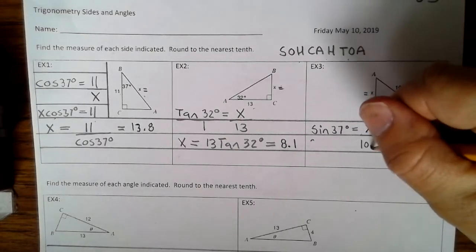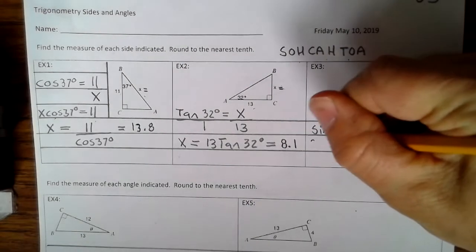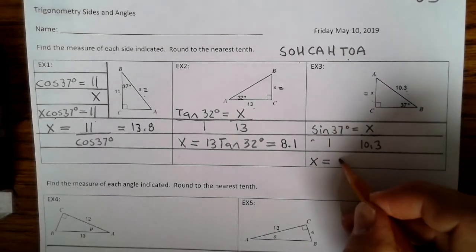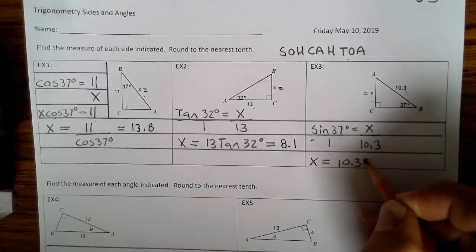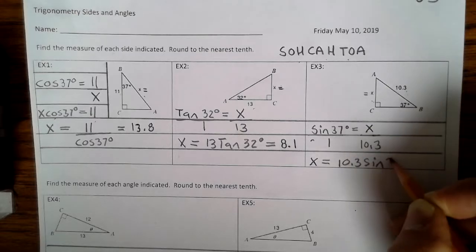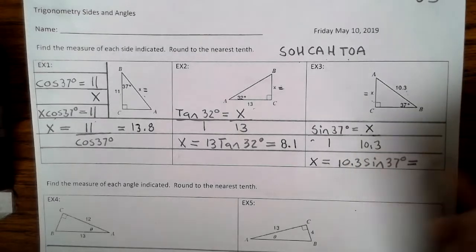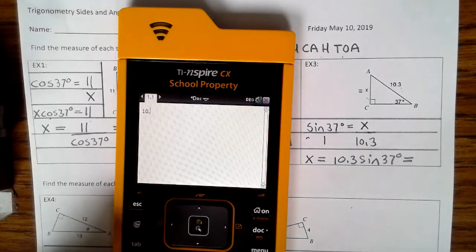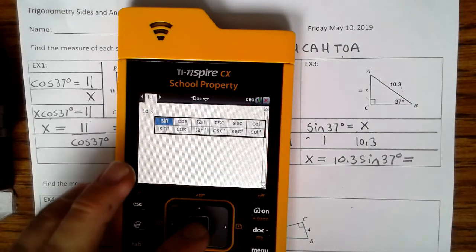We cross multiply, so then x equals 10.3 times sine of 37 degrees. So let's put that in our calculator. So 10.3 trig button sine of 37 is 6.2.